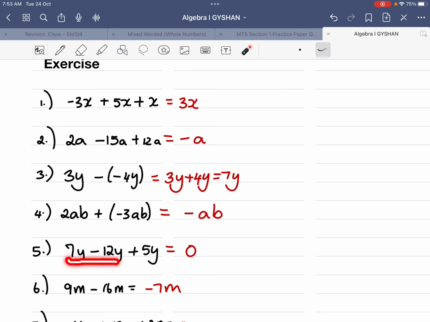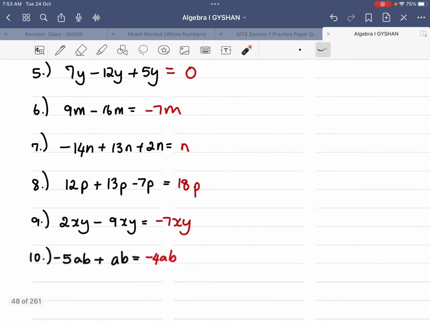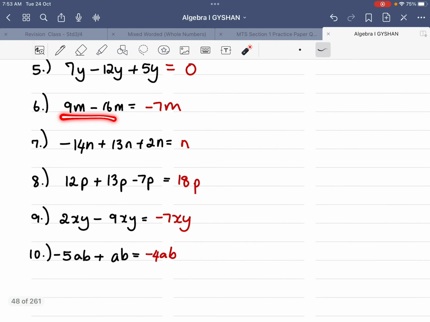7 minus 12 is minus 5. Minus 5 plus 5 is 0. 9 minus 16 is minus 7, so that's minus 7m. Minus 14 plus 13 is minus 1. Minus 1 plus 2 is 1.